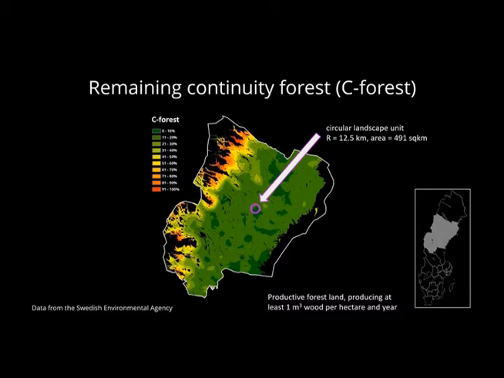To the left, you can see a little scale bar with colors, showing how many percent of the landscape around such a little ring moving around the landscape contains sea forest or continuity forest. I should also mention that it considers productive forest land, and also all the protected forest is included in this. So now to the targets.